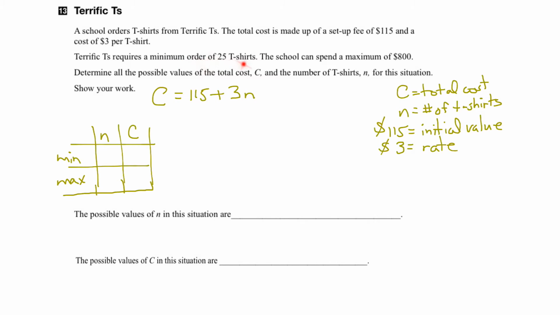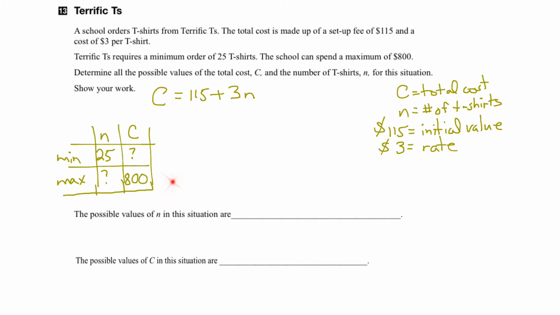So a minimum order of 25 t-shirts means that N minimum would be 25. And a maximum expenditure of $800 would mean that the maximum value for C here would be 800. And what we want to do is figure out what are these other values here for min and max.